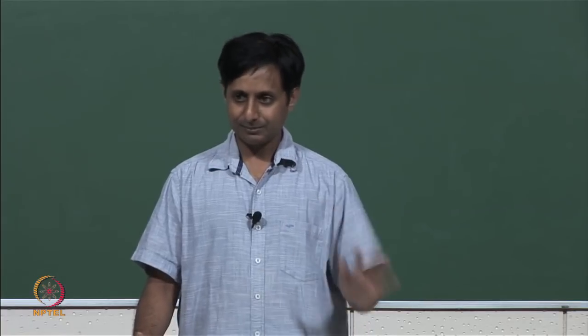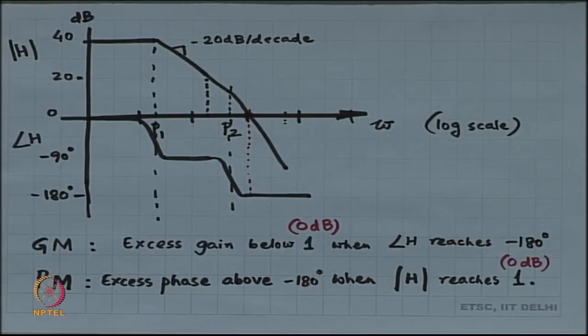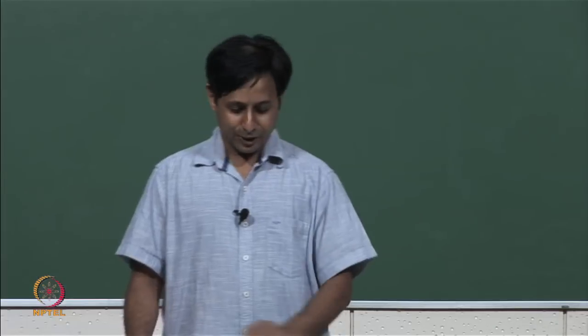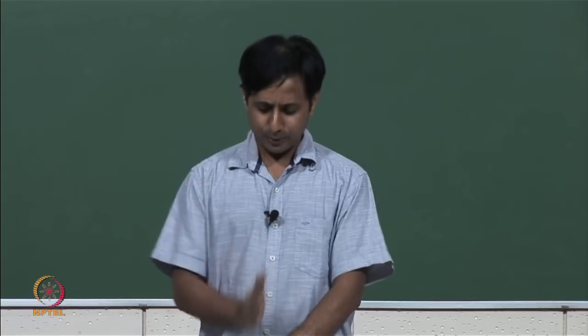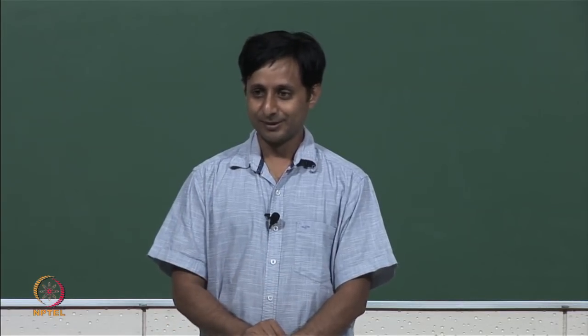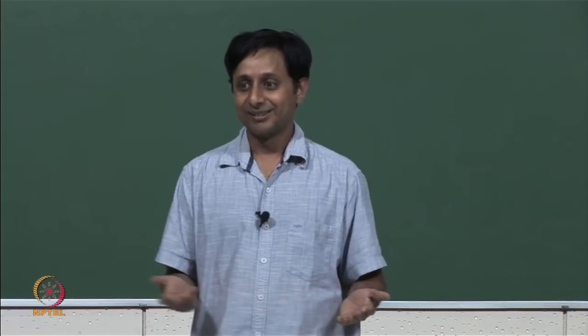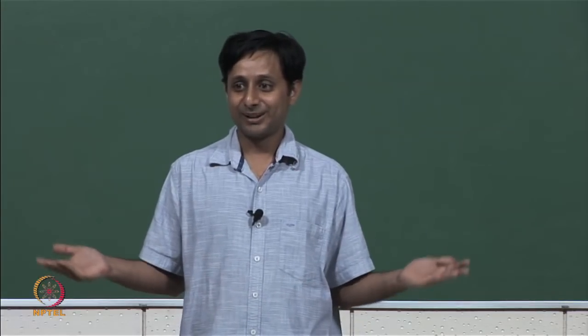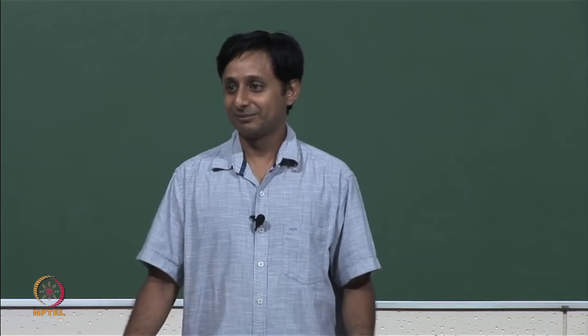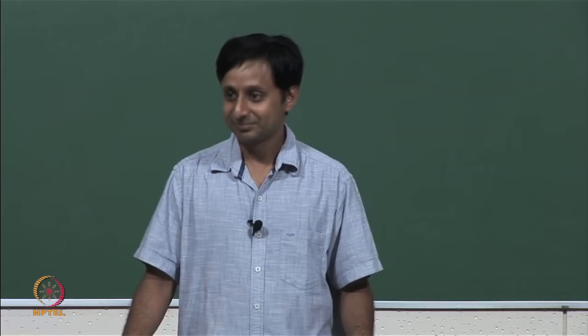Fine, if this is the Bode plot of your op amp, no customer is going to be eager to purchase your op amp. So, the question is where should P1 and P2 be such that my customers are eager to purchase my op amp.